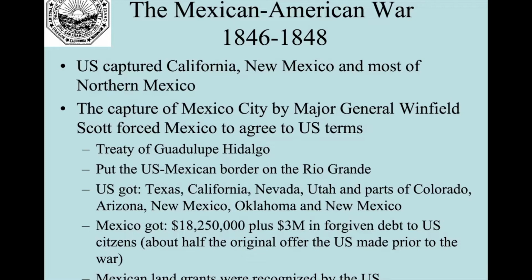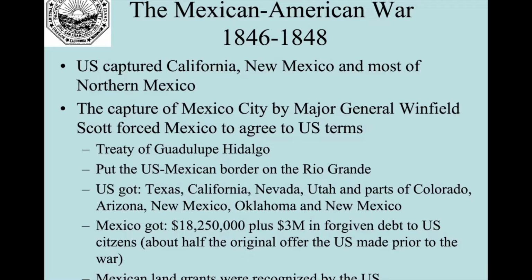So most of the Western United States became part of the United States as a result of this war. It had been Mexico, and in fact, the treaty, I think, rather deliberately put 51% of Mexican territory into the United States. And Mexico did get something for this, arguably not enough.